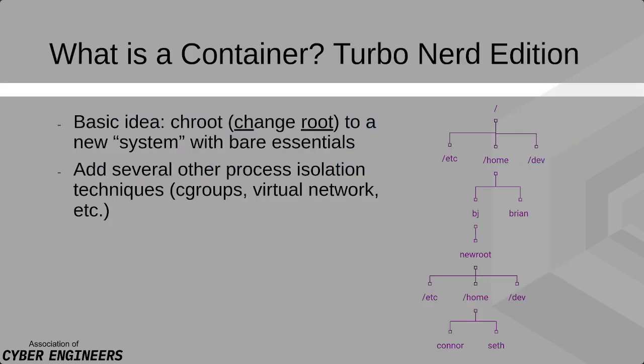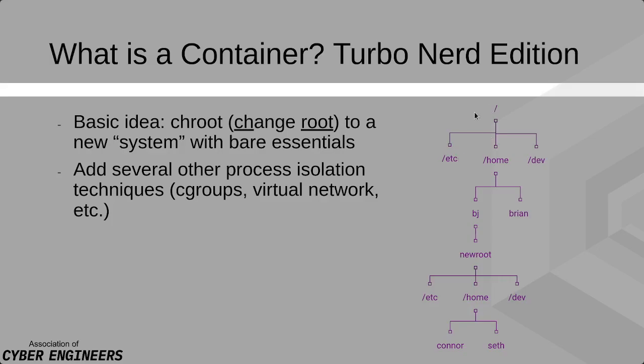So the turbo nerd version of how this works is basically, if you remember our Linux introduction at the very beginning of the year, in Linux, and in any Unix-like operating system, which is basically every operating system that exists except for Windows, your entire computer's state is somewhere on the file system.